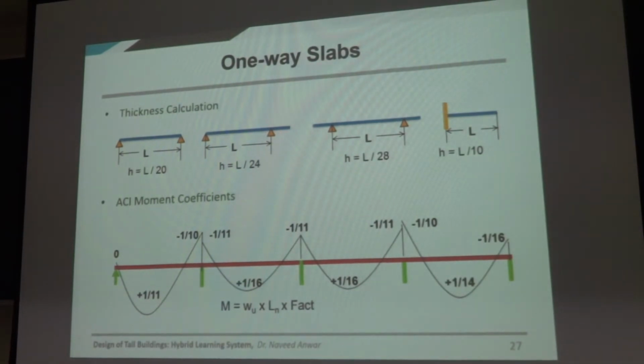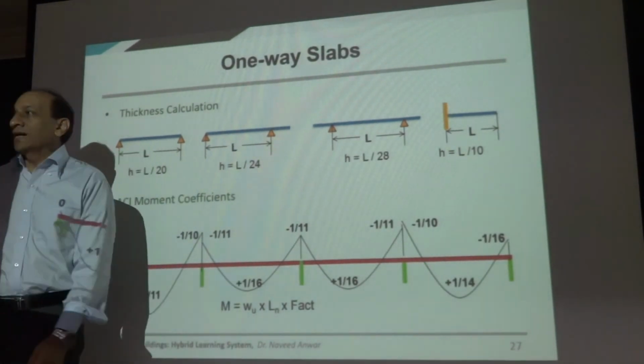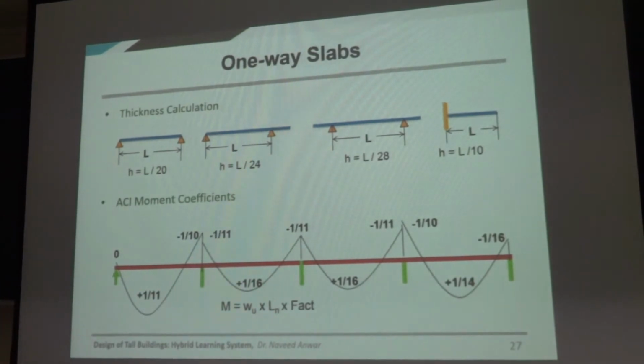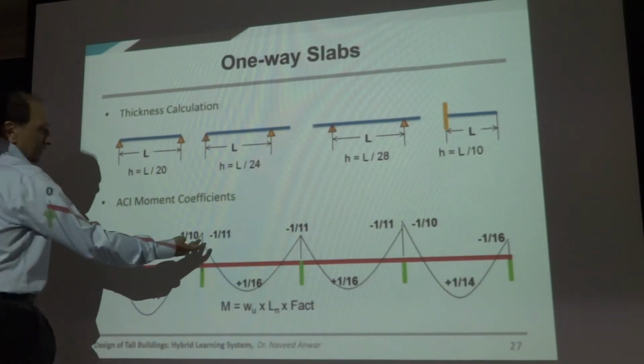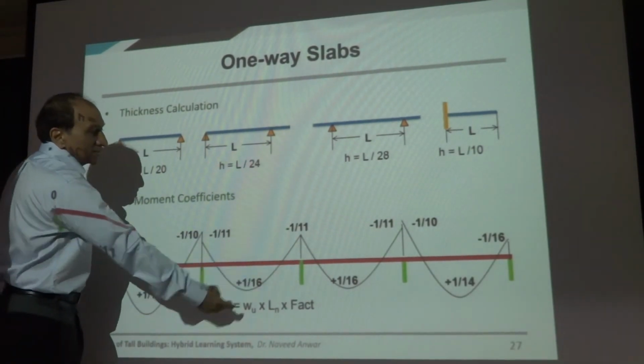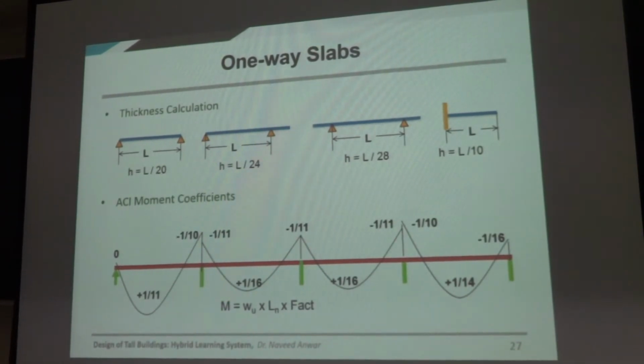Now the interesting thing is that if you compare, you do the same beam in SAP or ETABS and you calculate the bending moment, you will find them to be very different from this one. And then you will say, what happened here? The code told me that I can use WL squared by 10 or 11 here and WL squared by 16 here, but I am getting moments which are very different from this one. What happened?